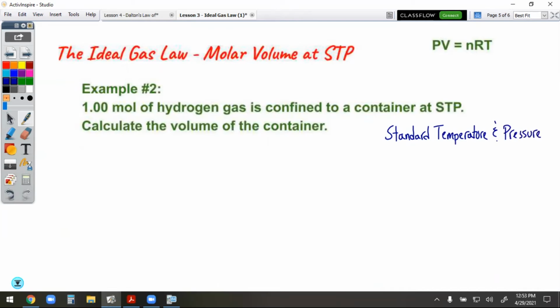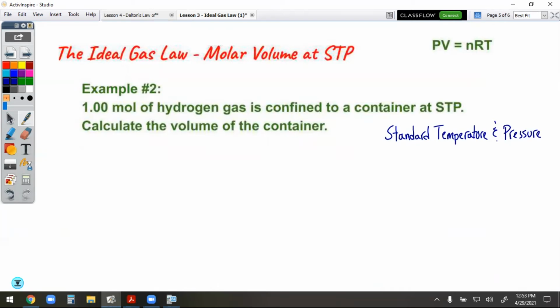Now, standard temperature and pressure means something specific. There is a specific temperature, 0 degrees Celsius or 273.15 Kelvin, that we use to talk about standard temperature, and our standard pressure is going to be 1.00 atm.